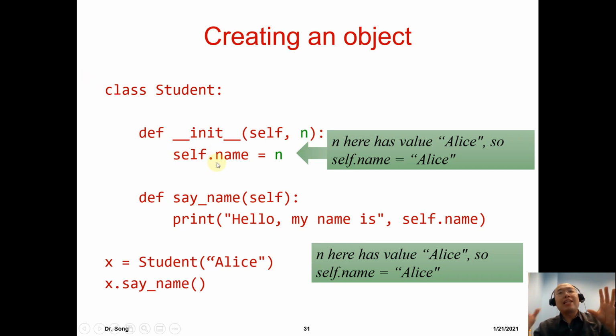So when we initialize an object, the attribute name will be the n sent by the caller of the constructor. Say you want to create a student Alice, then this Alice will be the n here, and in the definition of the constructor we assign this n to the current object as the attribute name. This is how we create a student whose name is Alice.